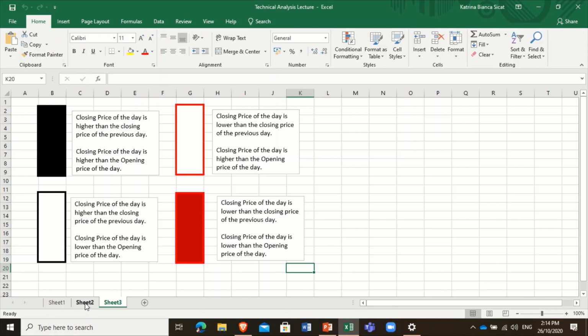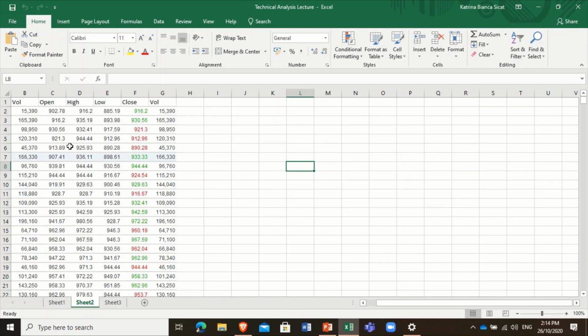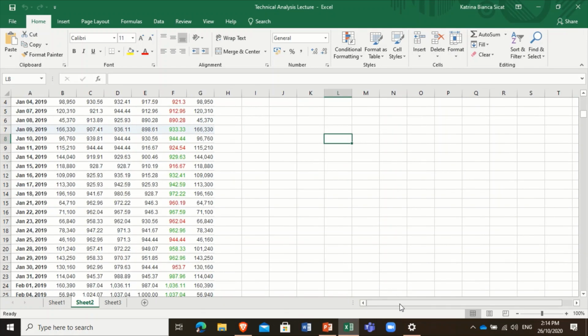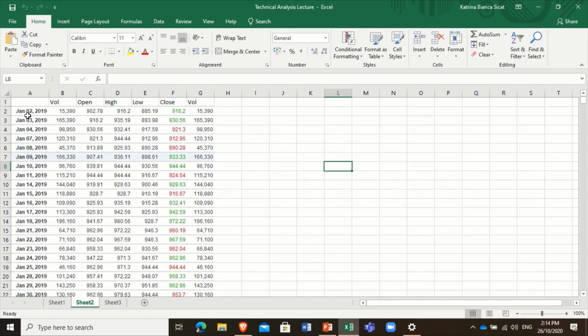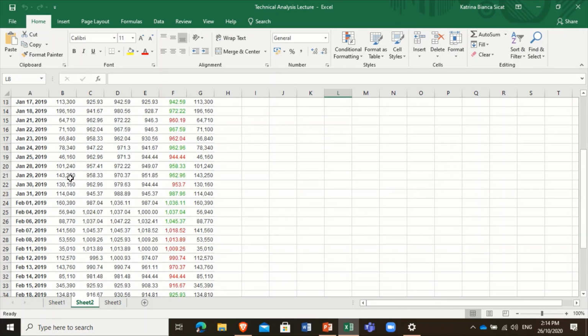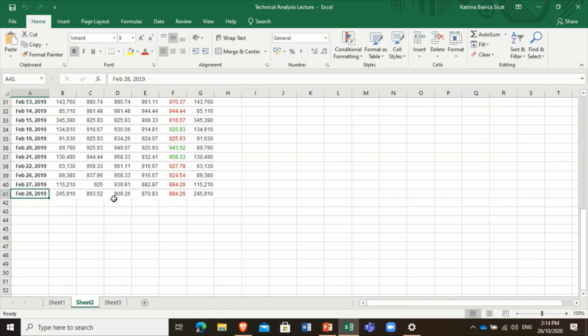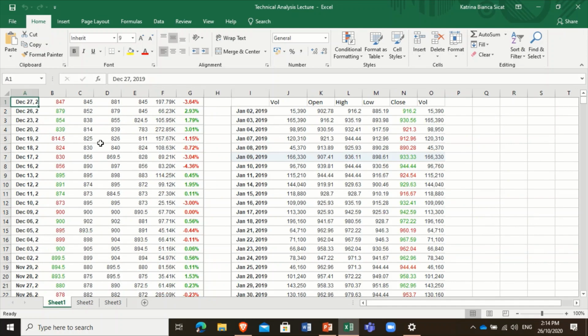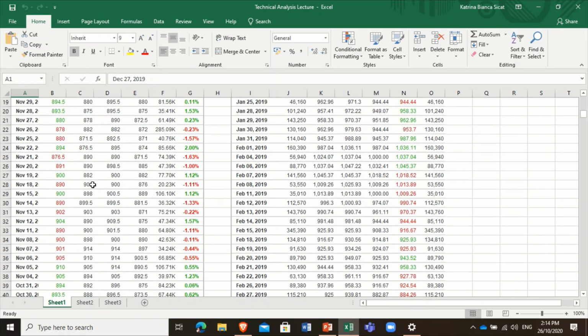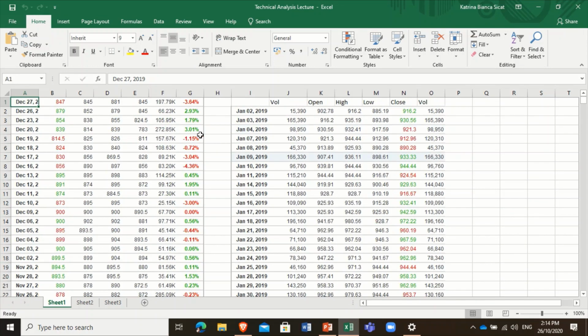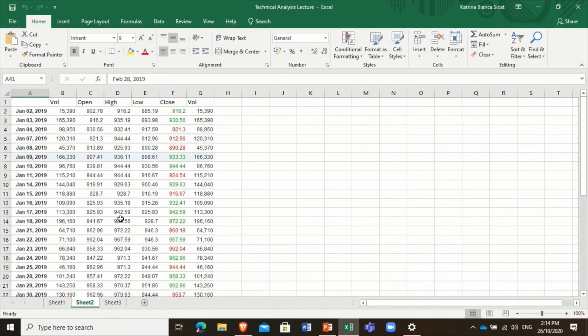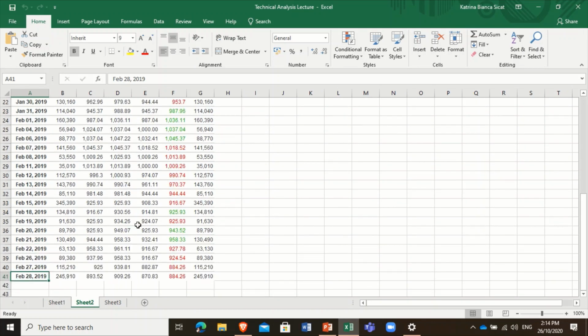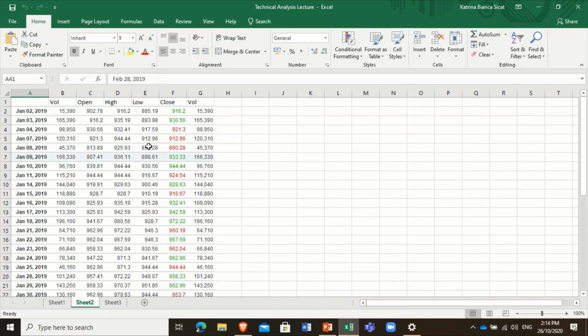Okay. So kapag na-export nyo na yung data ninyo, here's an example. This is January 2019 to February 28, 2019. Although I have the entire 2019 sheet, walang problema. I'm only considering the January to February. This is a 2-month historical stock price.